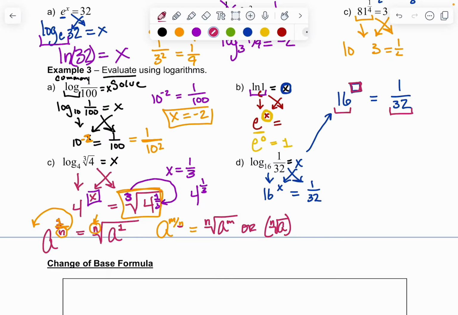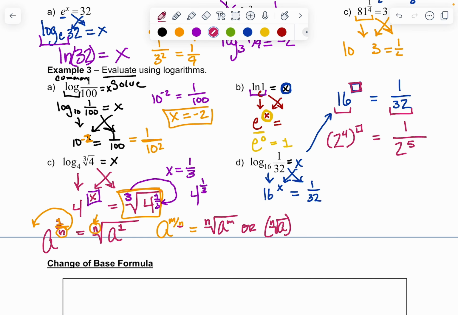What I mean by that is, see how I can take 16 and make it 2 to the 4th? And then on this side, I can take 32 and make it 2 to the 5th. Following with me? 2 to the 5th is 32.